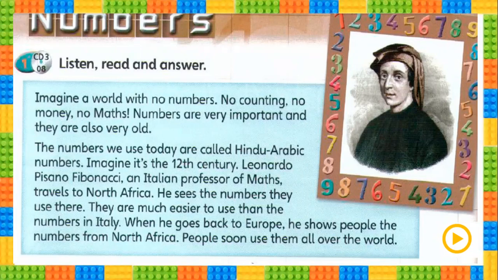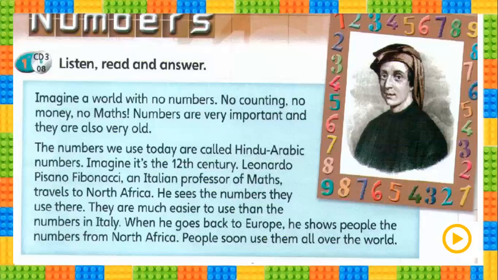Leonardo Pisano Fibonacci, an Italian professor of maths, travels to North Africa. He sees the numbers they use there. They are much easier to use than the numbers in Italy. When he goes back to Europe, he shows people the numbers from North Africa. People soon use them all over the world.